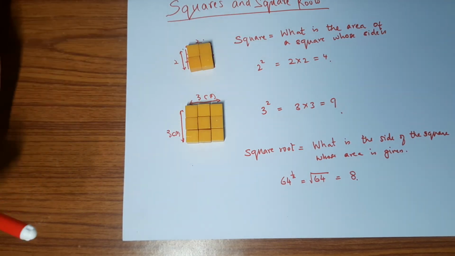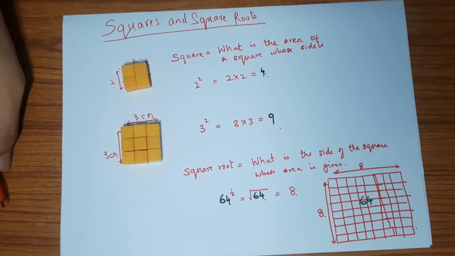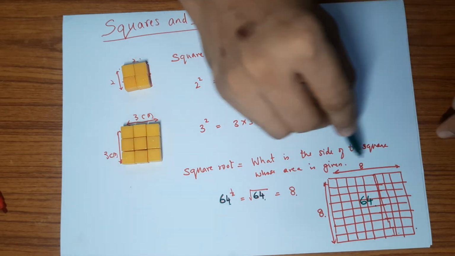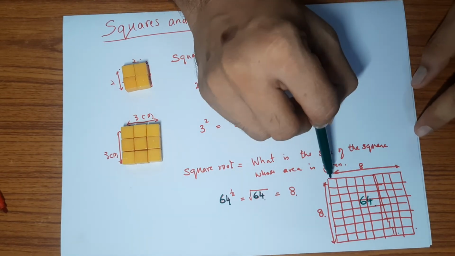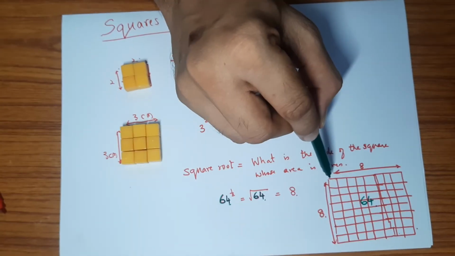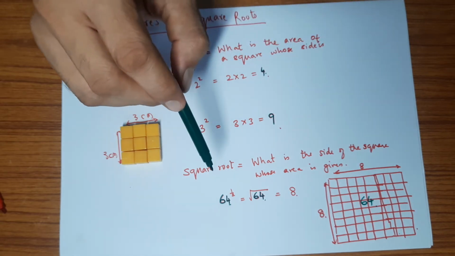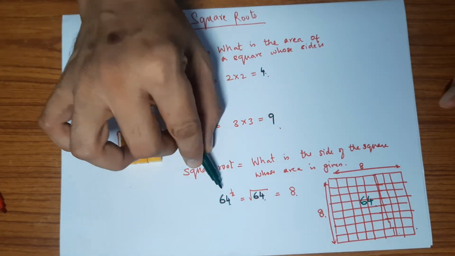What is one side? So again you have a square and it has 64 squares inside it. Since it's supposed to be a square, it's not drawn very well. Both sides will be 8, and so that is the definition of square root. What is the side whose area is 64?